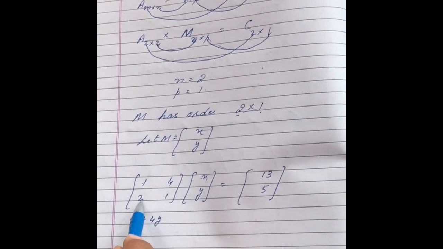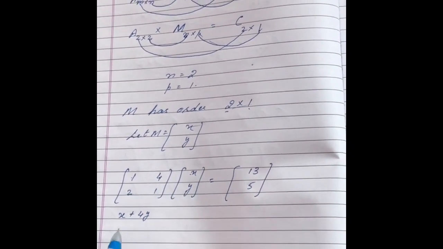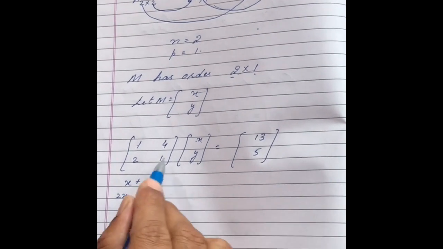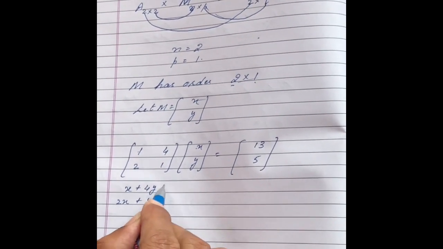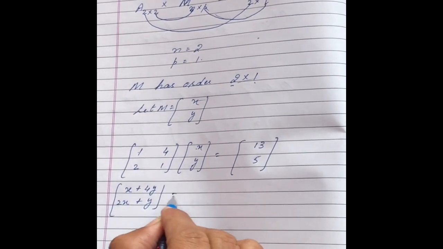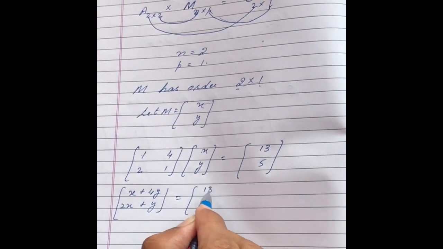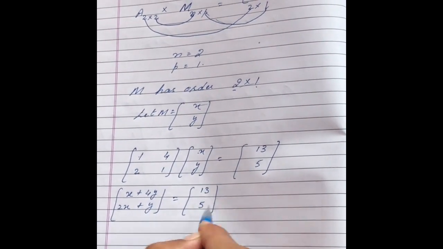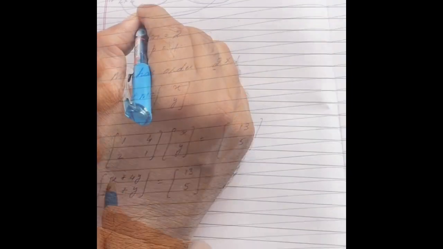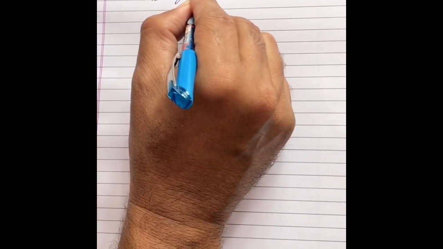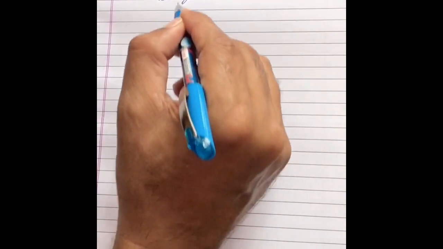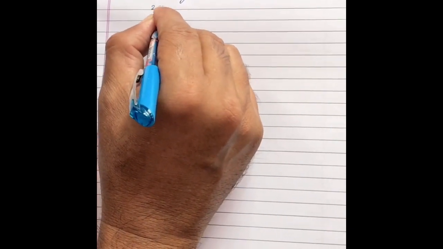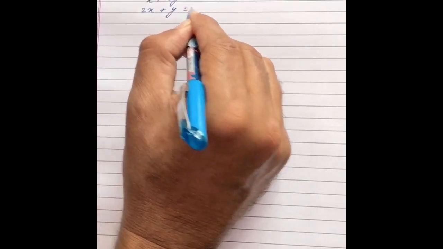So second row first column, 2 into x, 2x, 1 into y, y, equals 13, 5. So x plus 4y is equal to 13. 2x plus y is equal to 5.